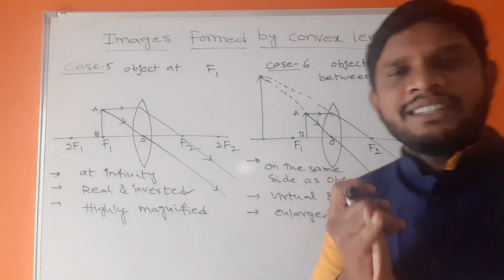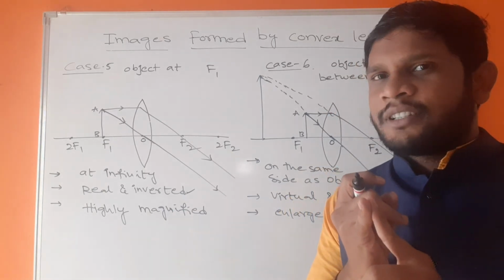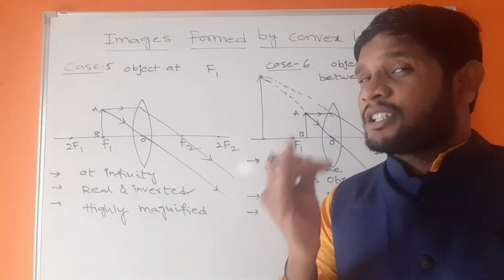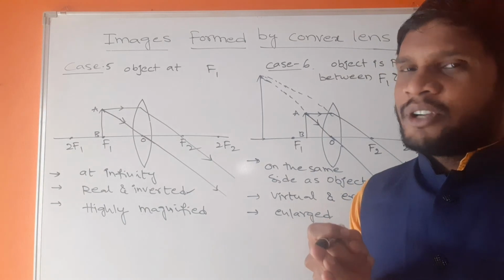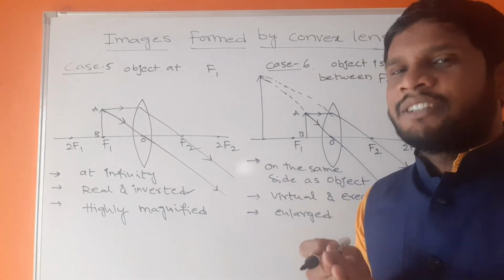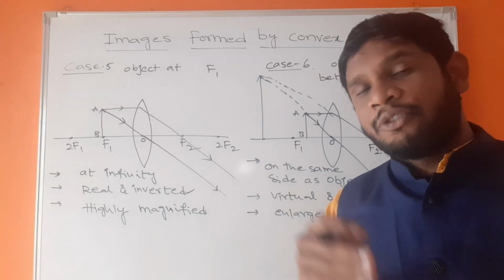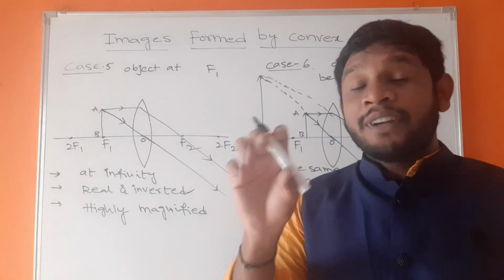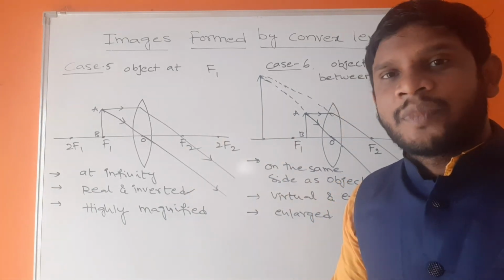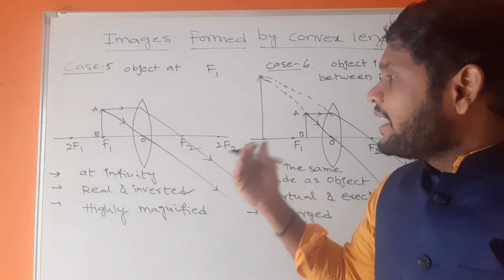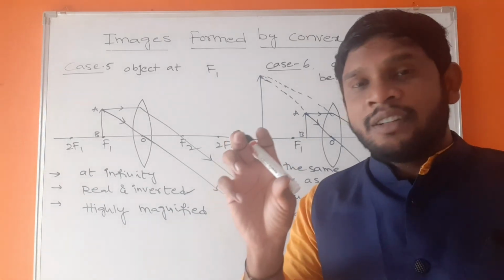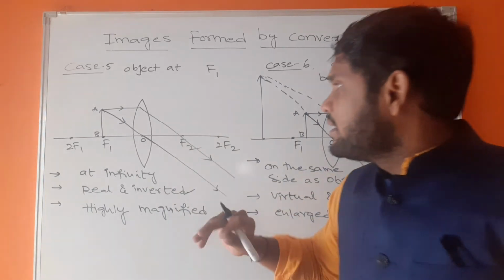The first case is the object placed at infinity, and the second is the object placed behind 2f1, and the third is the object placed at 2f1, and the fourth is the object placed between 2f1 and f1. Next, we place the object at f1 in the fifth case.